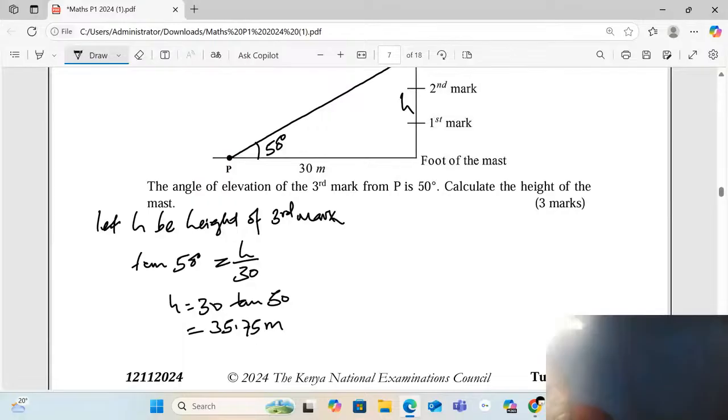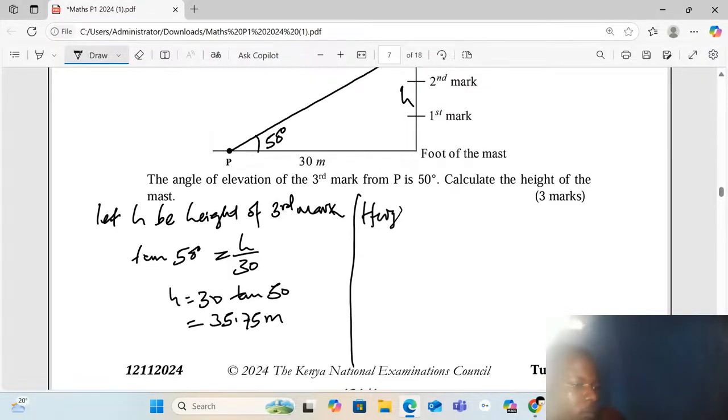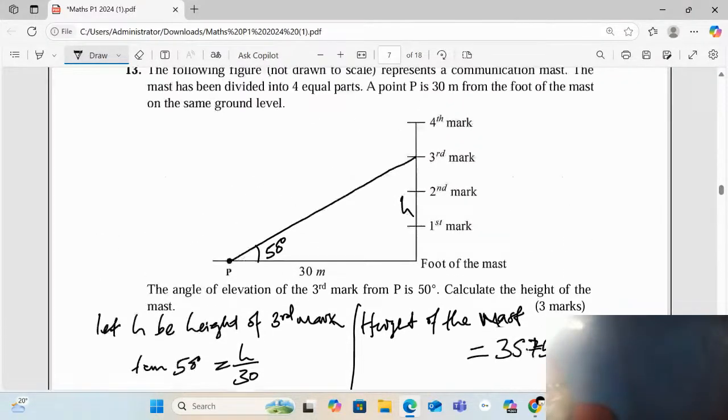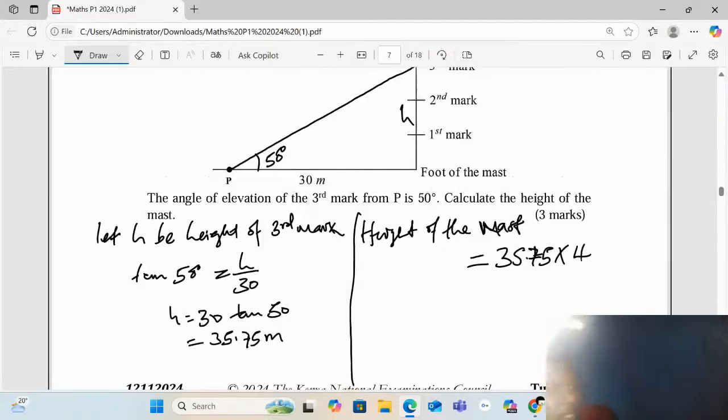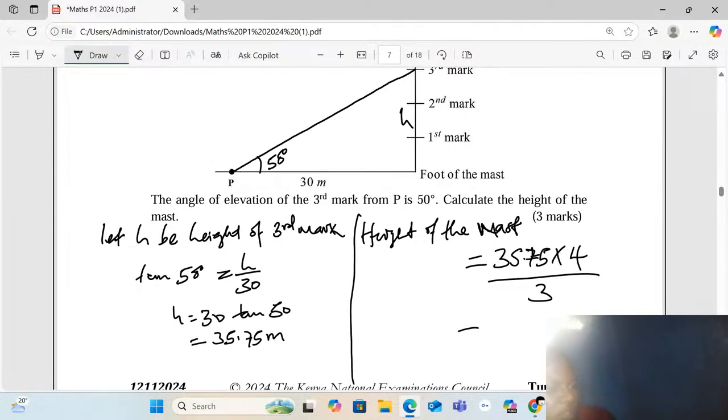Now we look at the mast. The height of the mast will be 35.75 times, now, first, second, third, and then the fourth, so times 4 divided by 3.